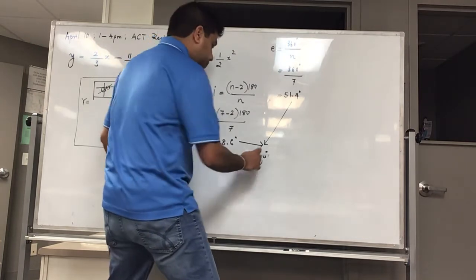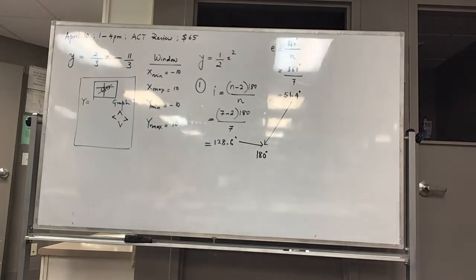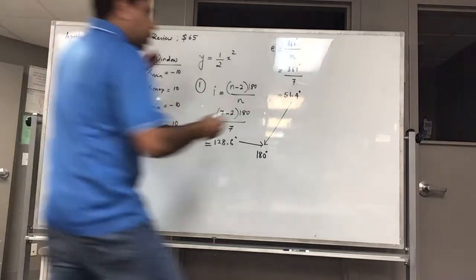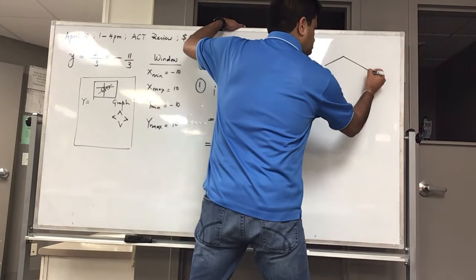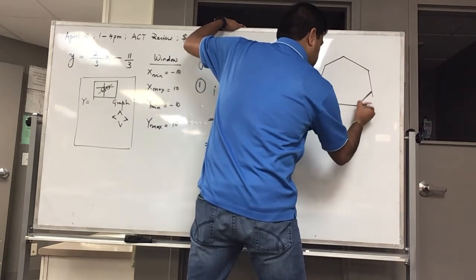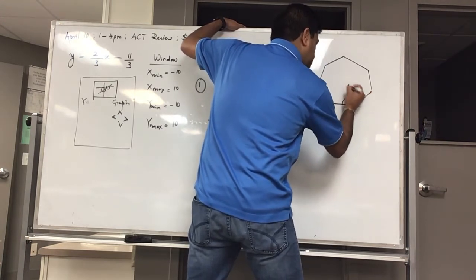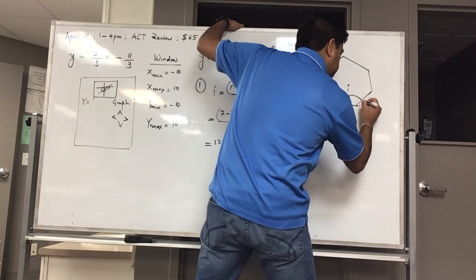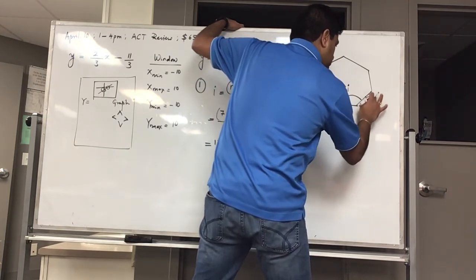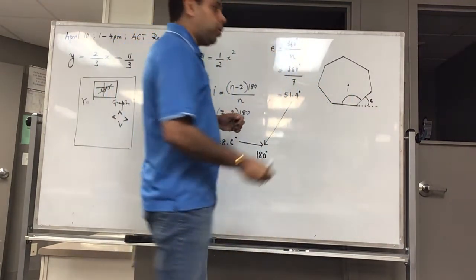Okay. So if you have a convex regular polygon, the sum of the interior and exterior always adds up to 180. Okay? So I'm going to draw a heptagon to give you a visualization of how it looks. This is my I here, this is my E here. So the I plus E is a straight line, you can see it's 180.